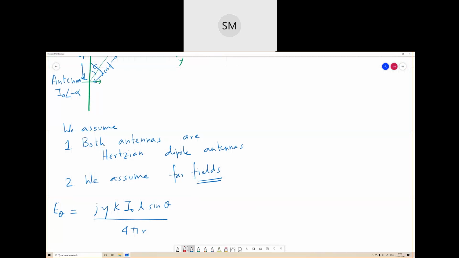This is what I have missed. Is it okay? The total field, of course, will be the sum of the electric fields due to antenna 0 and antenna 1.